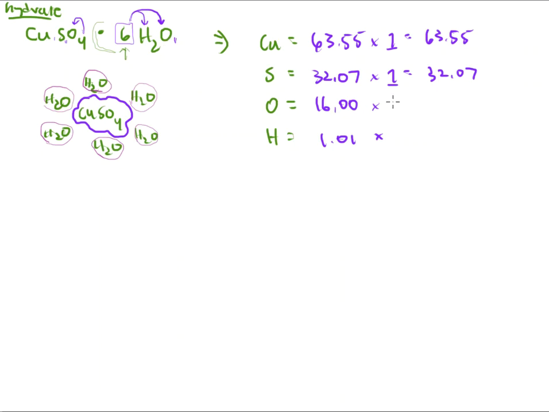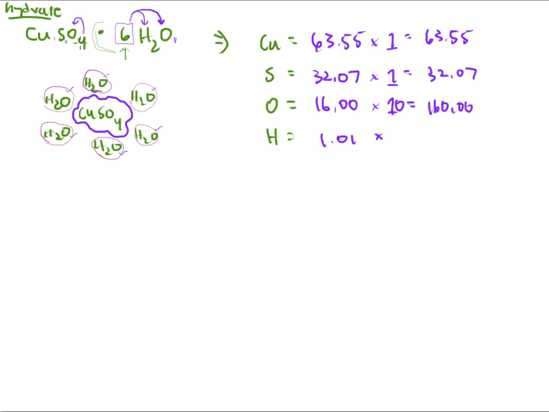So 6 plus 4 is a total of 10. So this is going to be 160. Now, if you don't believe me, go down here and count them, right? Look at this picture. There's 4 oxygens in the center, and then there's 5, and then 6, then 7, then 8, then 9, and then 10. So 6 from the water, because there's 6 of them in total, and 4 from the oxygen gives you a total of 10.